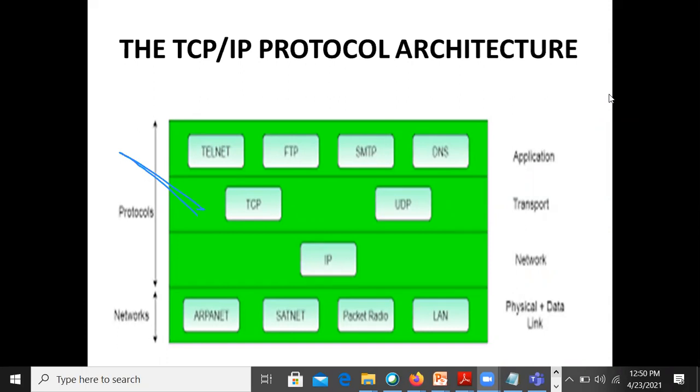The bottom layer deals with data link plus physical. Data link is for error control and flow control operations. Physical means which network you are using, and according to that network, the signal generation and how the signal will be transmitted on the lines is taken care of by this bottom layer, the physical plus data link layer. So these are the 4 layers of TCP/IP.